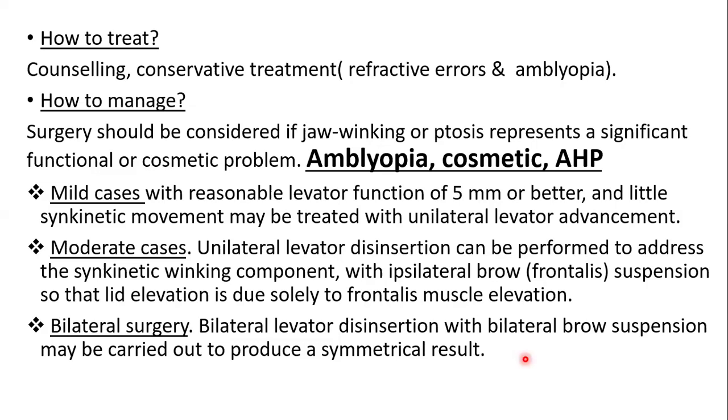Sir, I'm not very sure what I heard. If it is a Marcus Gunn with a ptosis, if the ptosis is severe, we have to correct the ptosis first. If the Marcus Gunn is more, then we have to correct the Marcus Gunn component first. Means if the cosmetic appearance is very severe and ptosis is not that much, then you have to go for the levator disinsertion, whatever sir told. But if the ptosis is more, then you have to do the levator resection.